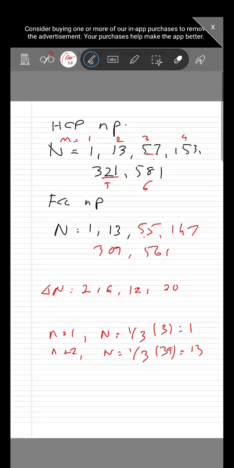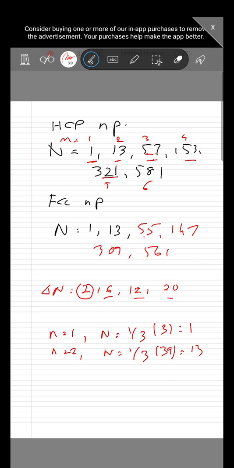So n is the number of layers. The difference in the third layer is 6, then 12 and 20.